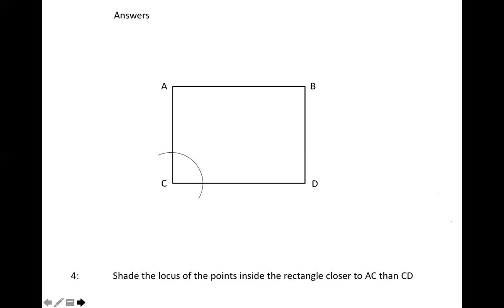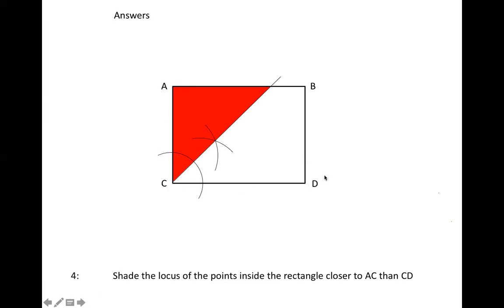So I draw a small arc. I stand on C and draw a small arc. With that same distance, I stand on this point and make an arc, and this point and make an arc. I draw a line. And then the points in that region will be closer to this line compared to this line.